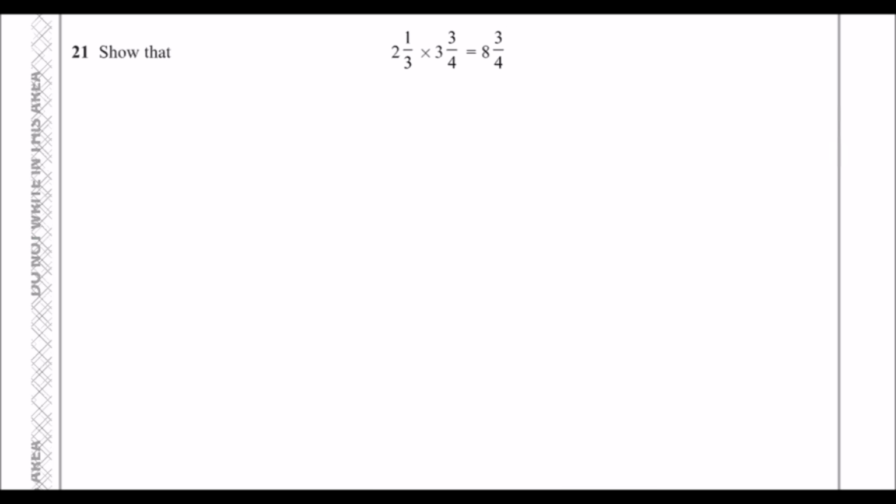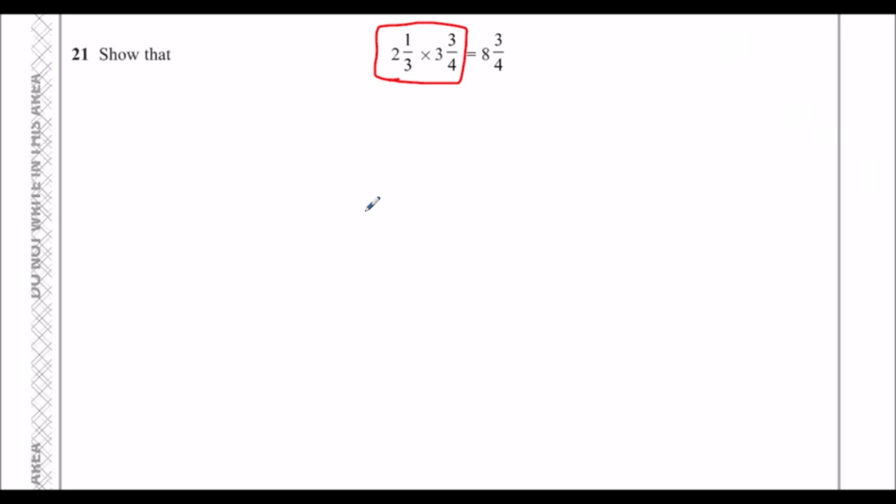Question 21. Show that 2 1/3 times 3 3/4 equals 8 3/4. So we're just going to multiply these two together, and we should get 8 3/4. Now we can't multiply them together until we make them into top-heavy fractions. So these mixed numbers are no good to us. We need to change them.